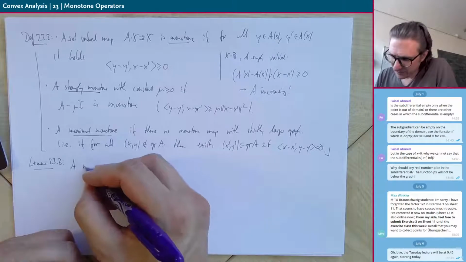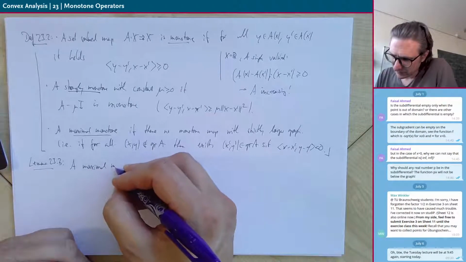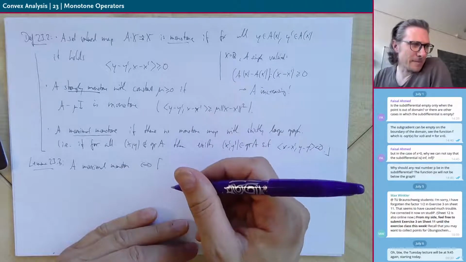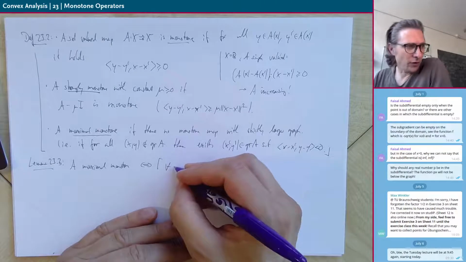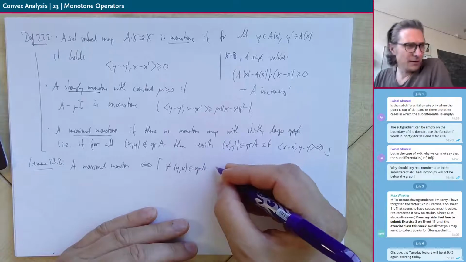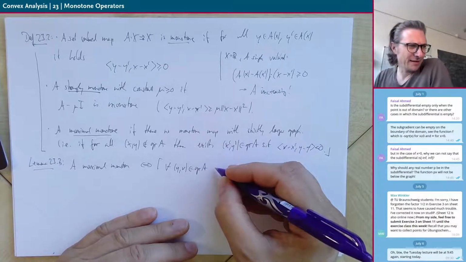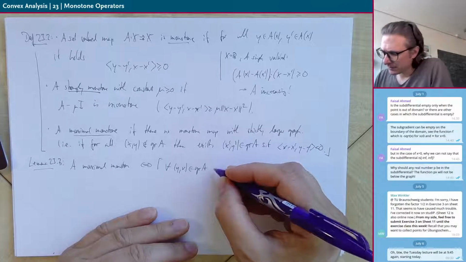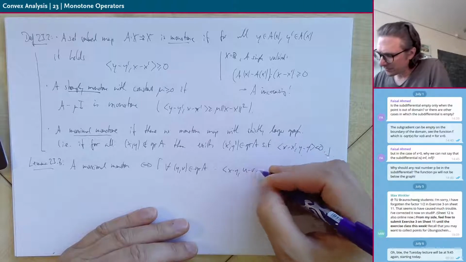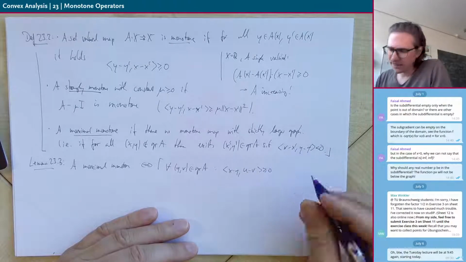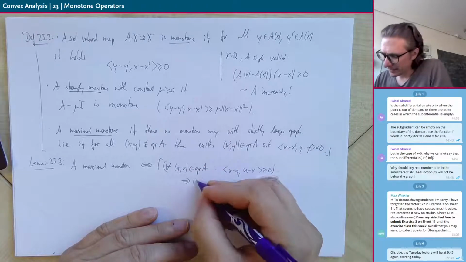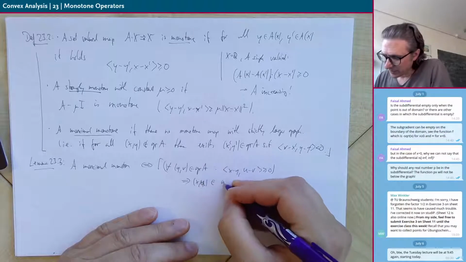A is maximal monotone if and only if it holds that if for all y and v in the graph of A, it holds that x minus y times u minus v is non-negative, then it should follow that x and u is also in the graph of A.